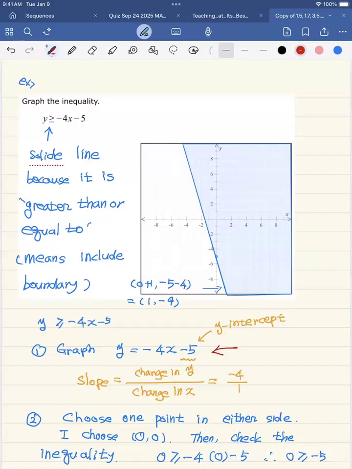Then the slope of the line is -4, which can be written as -4 over 1. This is slope-intercept form. So when x equals 0, the y value is -5. That is the y-intercept.